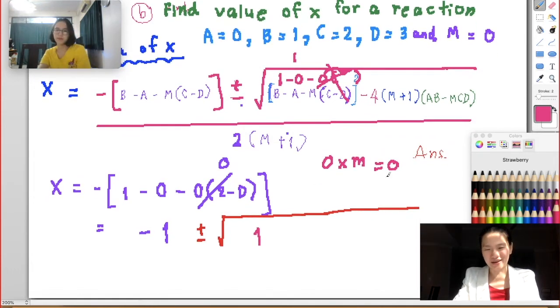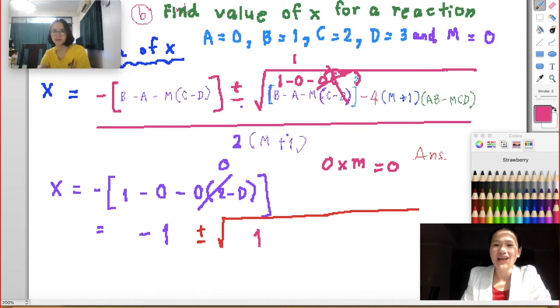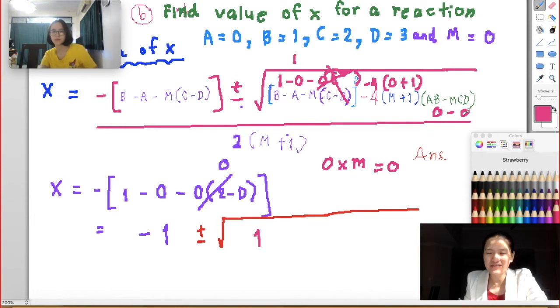Alright. Next one, m equals 0. 0 plus 1. That is 4. a multiplied with b, 0 multiplied with 0 equals 0. m is 0 as well, so 0 multiplied with cd equals 0. So this term turns to be 0.